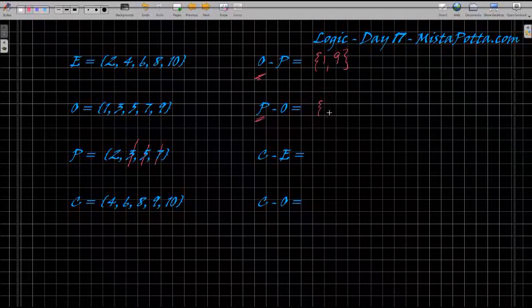This time, because I started with P, all I'm left with is a prime number that's not odd. Just like up here I have odd numbers that aren't prime. Order matters.